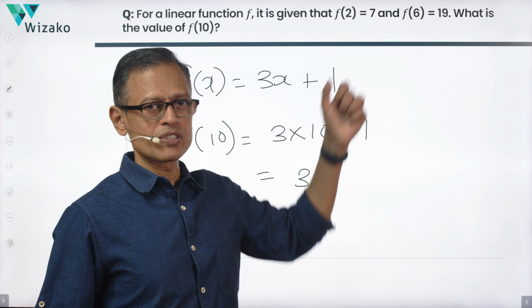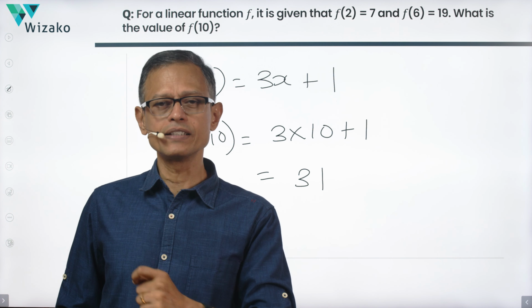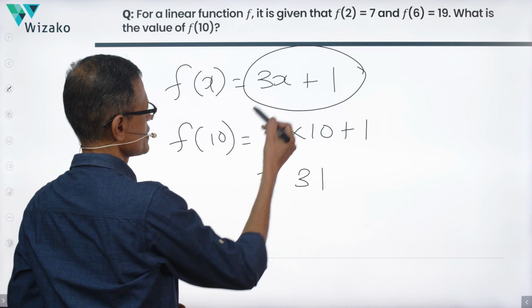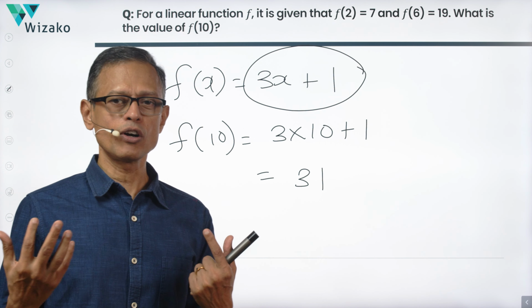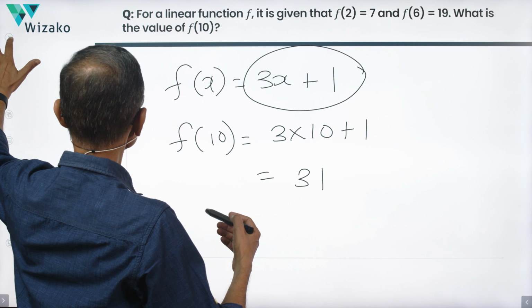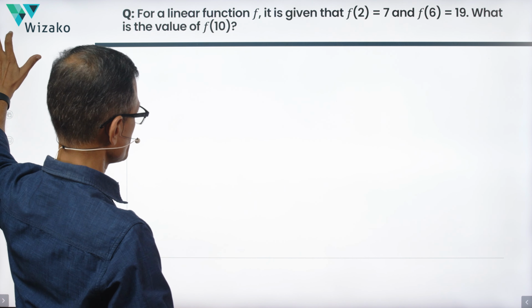Using f of 2 is equal to 7 and m equal to 3, we computed the value of b, the y-intercept. Subsequently, we got the function as 3x plus 1. We substituted x is equal to 10 to find the value of f of 10. This is all it takes to solve these questions. Answer option C is the correct one. 31 is the answer, which is answer option C.